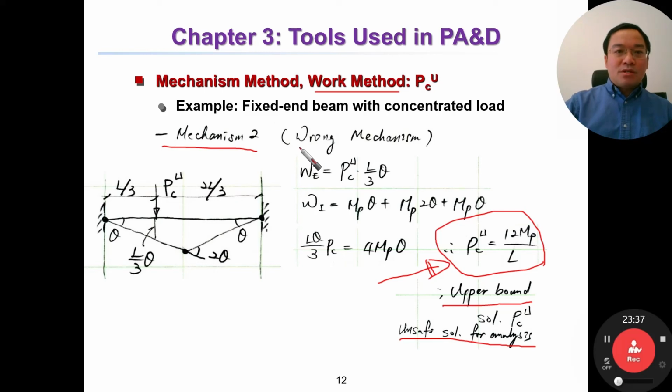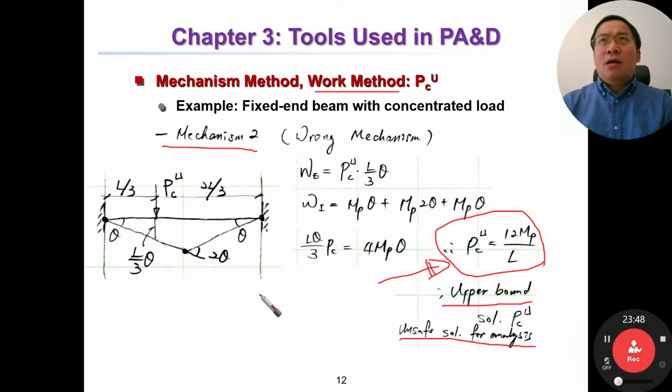So how do we know? This is a very simple problem, but let's think about a very complicated structure. It is not easy to know what is the correct mechanism or what is the wrong mechanism. Then how do we know it is the correct mechanism?